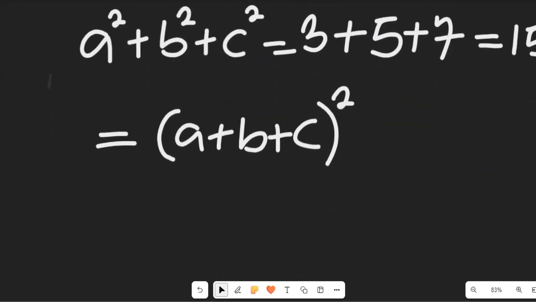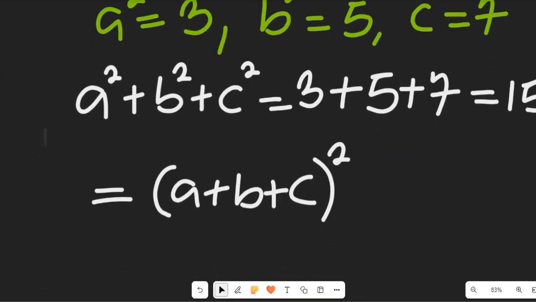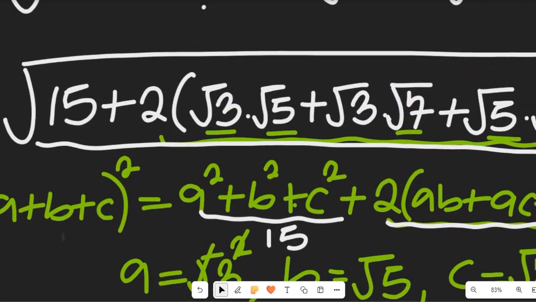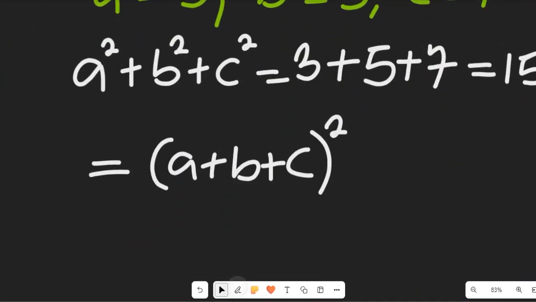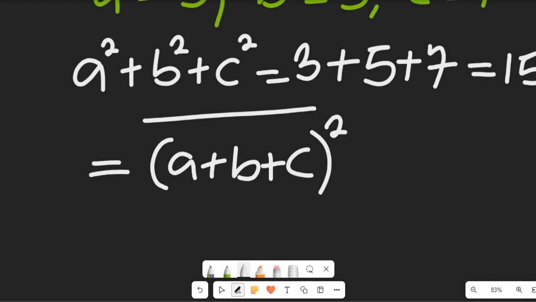So what we are going to do is take the whole square root of that expression, and that will give us the value of the square root we are looking for.